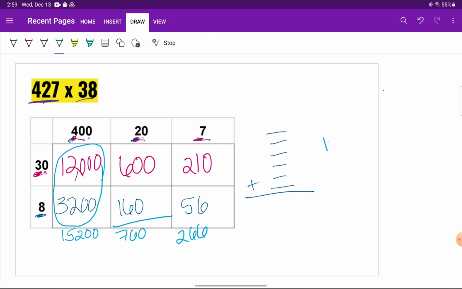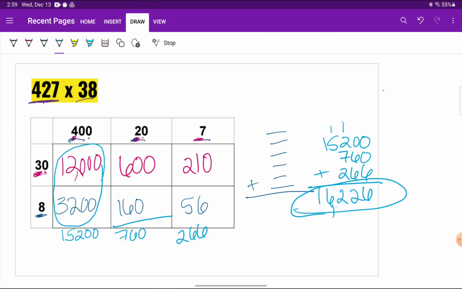Then I can write down 760, 266, and add these together. 7, 8, 9, 10, 12, 16, 226 is our final result. It's less efficient, but it makes the calculations simpler.